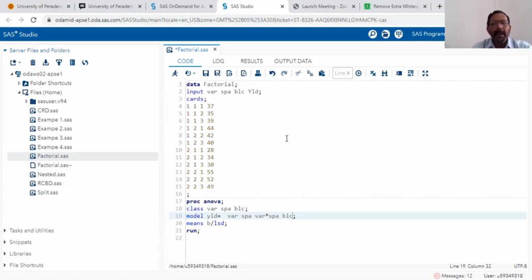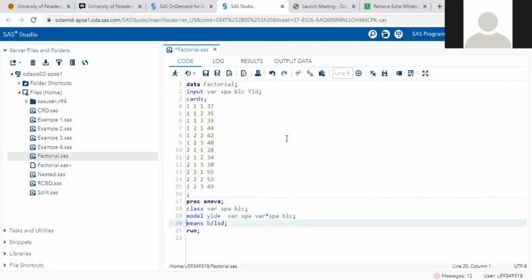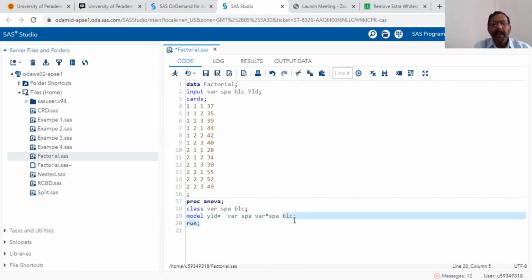Good. We can put the block in the front or later, it doesn't matter. So this is my model. Everybody agree? Yes, sir. So the block is additional information in the model because it is in RCB, but it's the same setup.